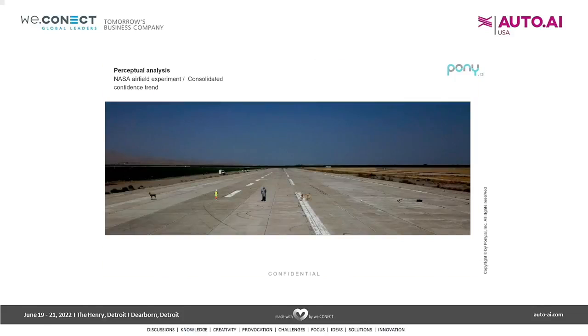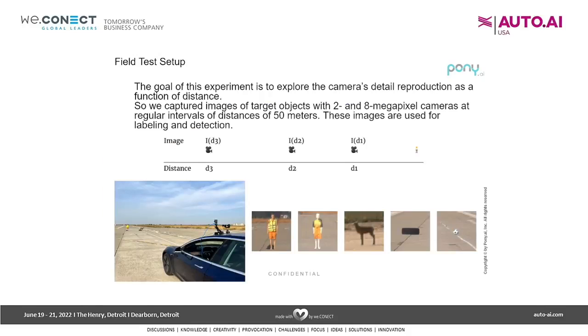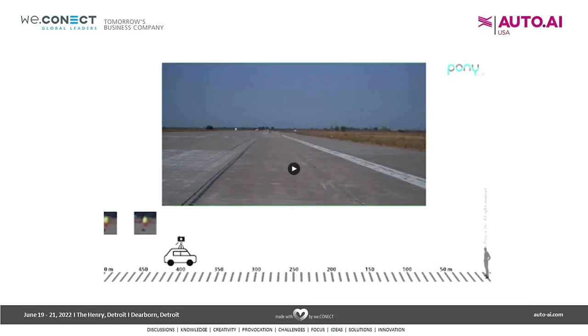We took some dummy targets to the airfield, moved the camera with more precise intervals, and recorded images every few meters. We put a deer, a tire, a soccer ball, a child mannequin, and collected images from each distance.